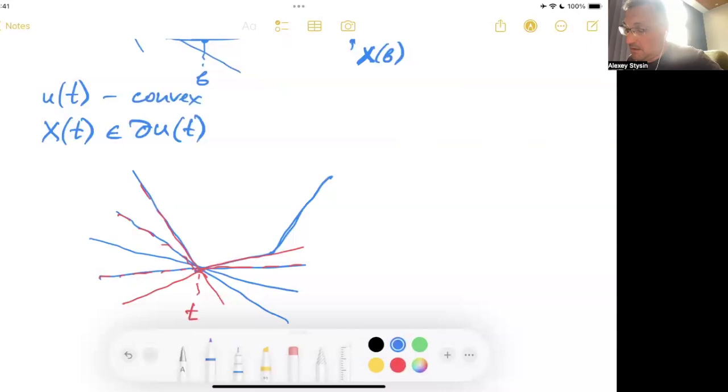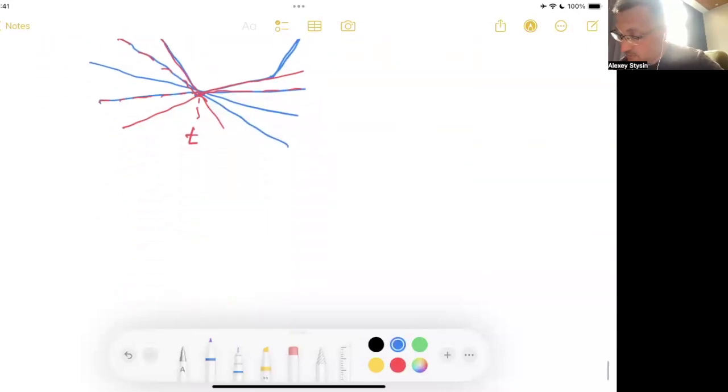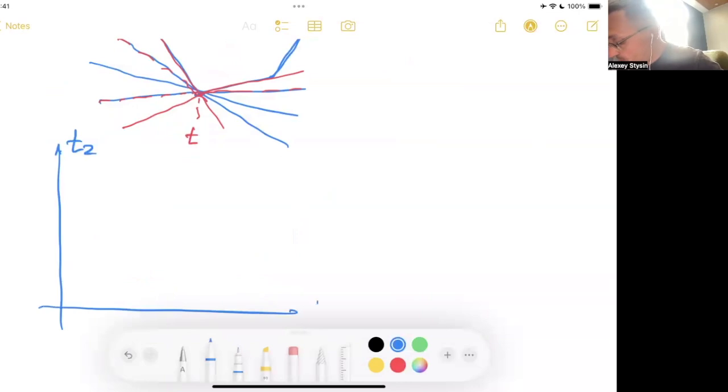And now this visualization for this linear case makes even more sense, because let's think about a projection to a two-dimensional plane. So our x of t should be a projection of a gradient of a convex function.